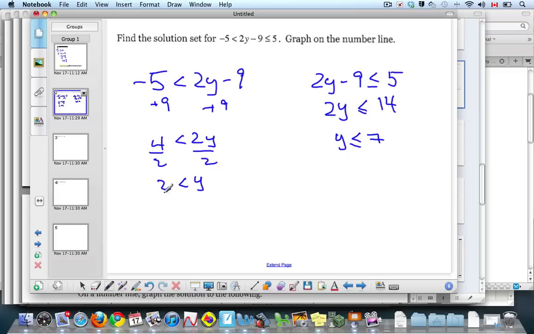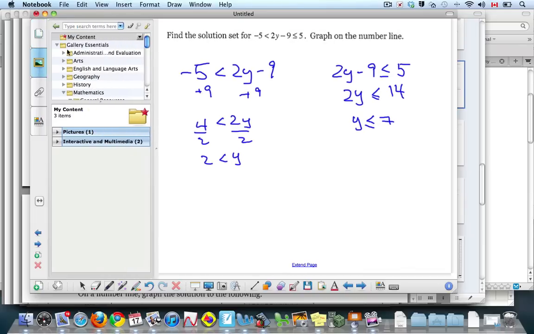So what does that really mean? Well, it says here that 2 is less than y, or I could also think of it as y is greater than 2. So what number satisfies that? Let's see, y bigger than 2. Well, if I put up a number line here, I can get my fancy number line.